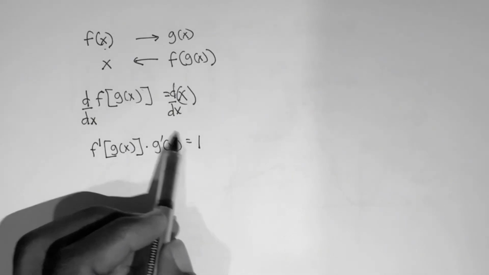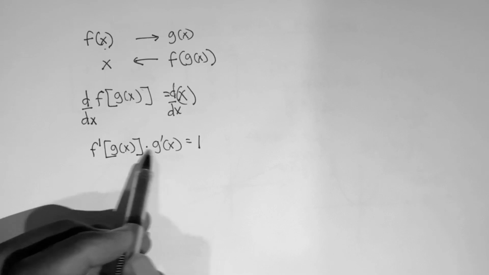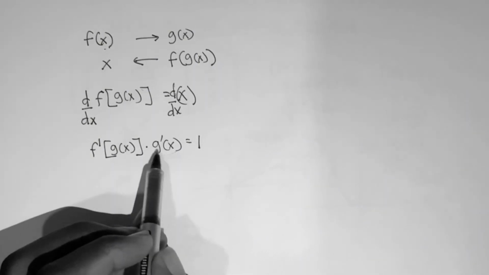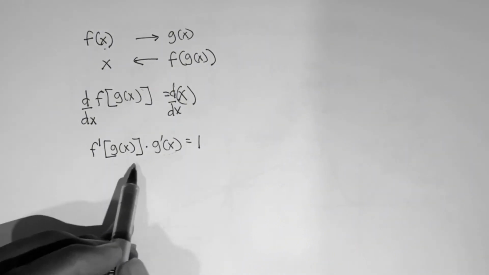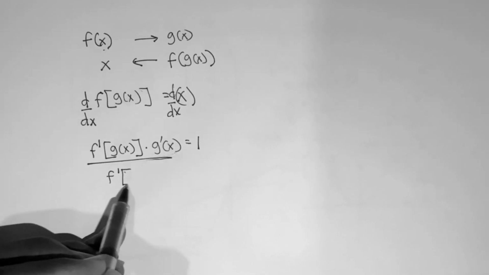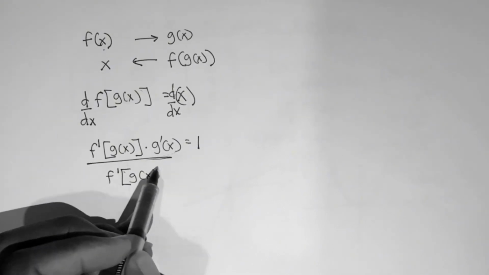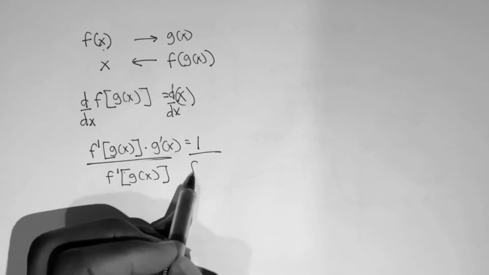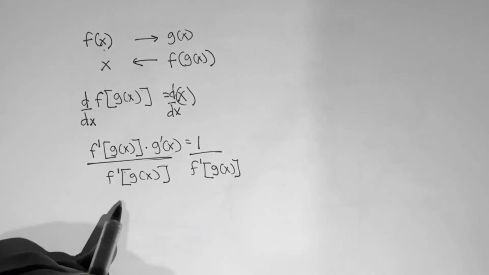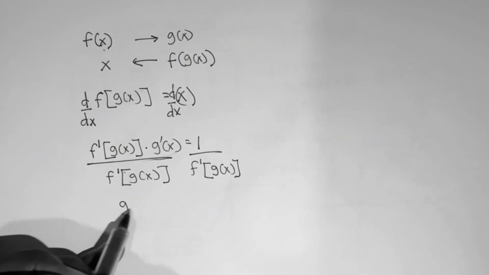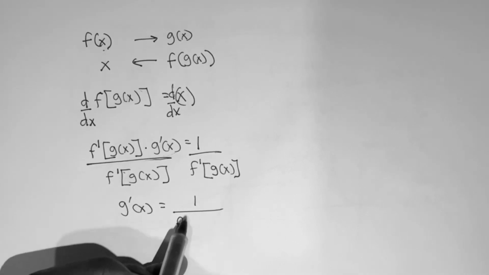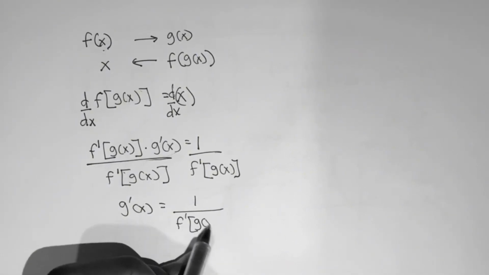So now remember that we've already established that g of x is the inverse of f of x. And we want to find the derivative of the inverse function. So we need to make g prime of x the subject. By dividing through by f prime of g of x on both sides, we find that g prime of x is equal to 1 divided by f prime of g of x.